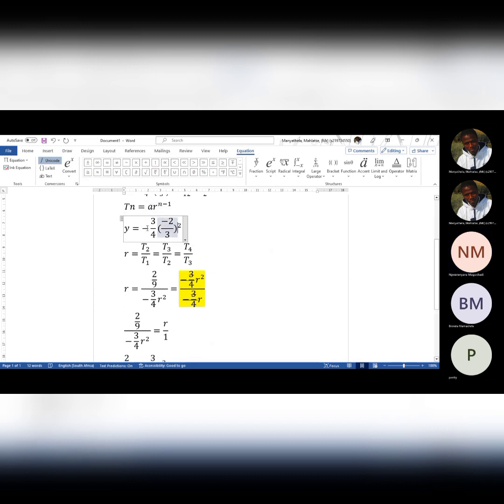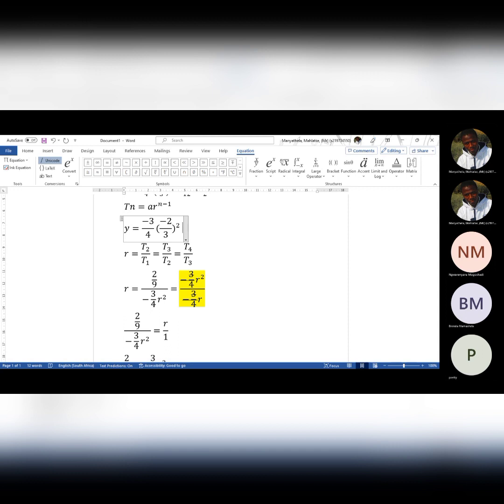It remains the same, it doesn't matter which way you write it, or negative 3 over 2.